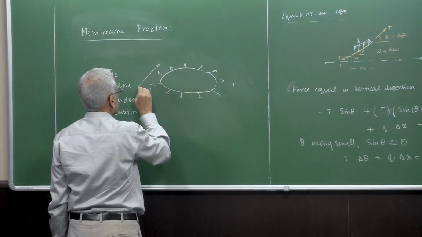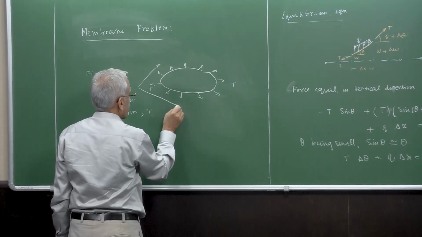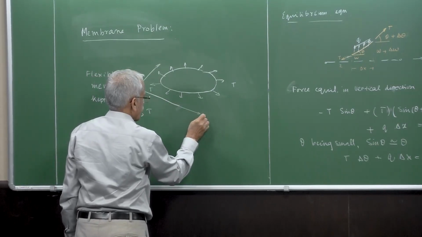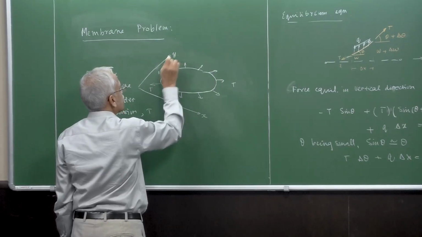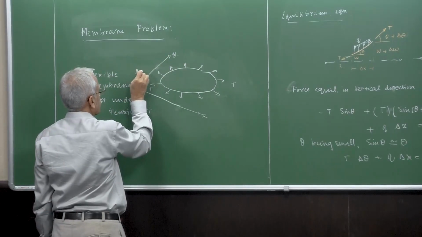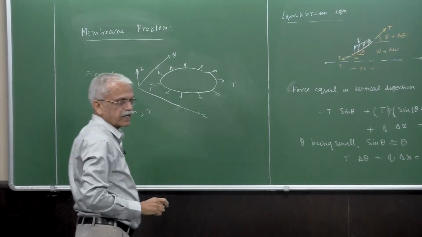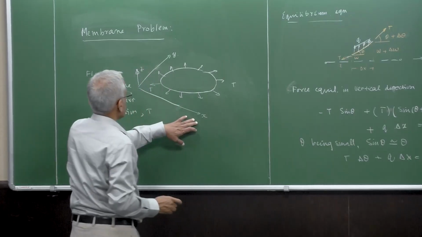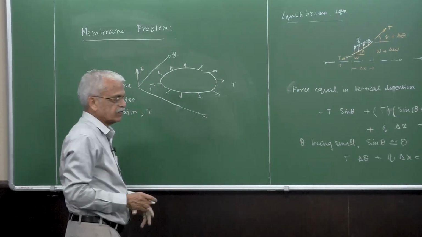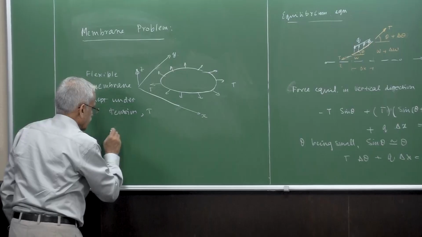So that means that this is a typical isometric view where the membrane is in the xy plane, whereas z is the vertical direction.